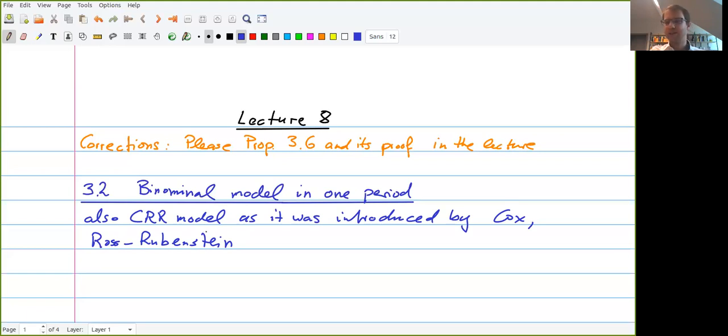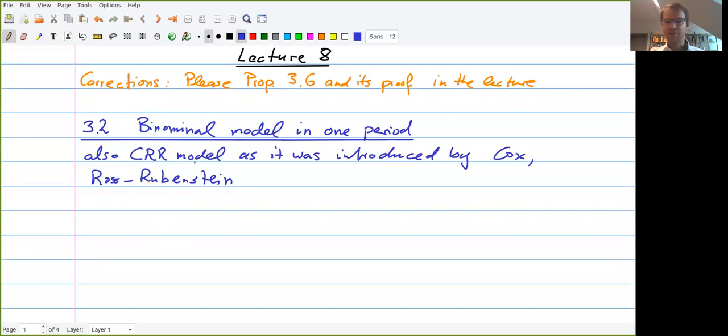But this is what we see probably in the very last lecture, that these binomial discrete time models, if we choose the parameters in the right way, converge to the continuous time world, namely the Black-Scholes model. This is just to give you an idea what we will see later on.